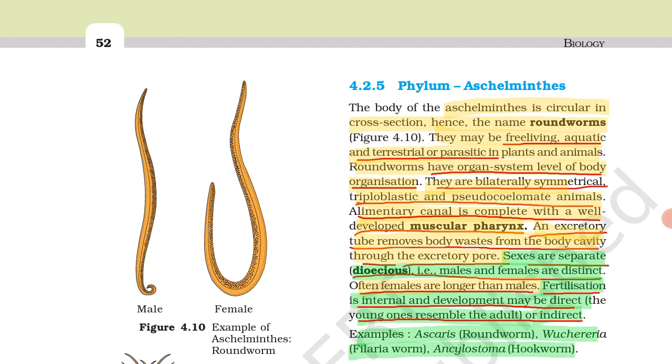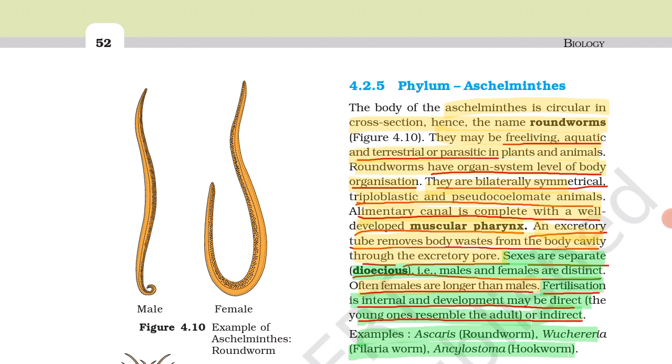Next, roundworms have organ system level of organization. They are bilaterally symmetrical.